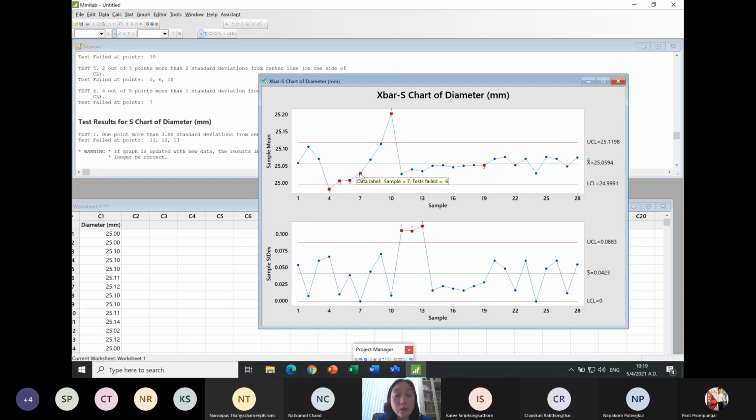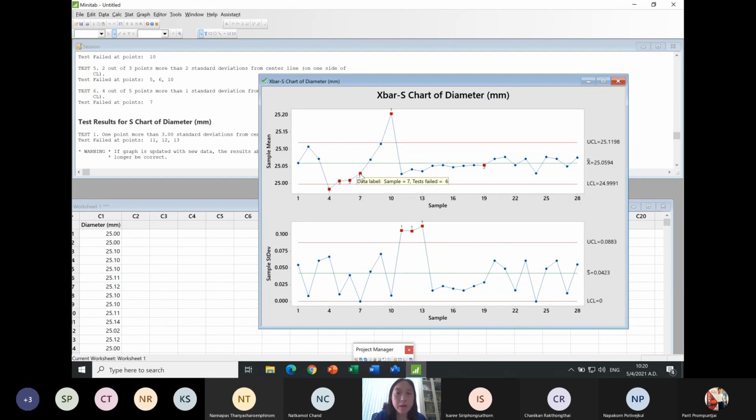It appears that it violates the rule on subgroup number 7, but this rule requires 4 consecutive points in zone B or beyond. So my question is, the shift down pattern starts from which subgroup? Subgroup number 4. Yeah, very good, because you need 4 points: subgroup number 4, 5, 6, 7.